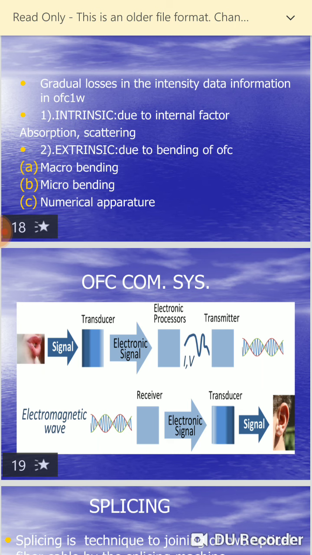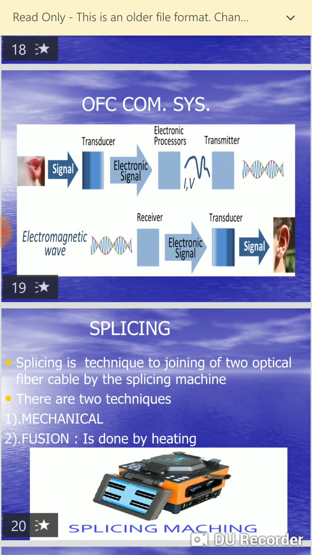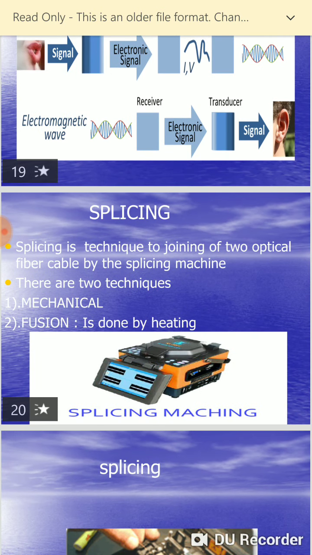The light is passed through fiber optic cable. Again at the receiver, the detector is used. Detector will first convert the light signal in the form of electrical signal. Then it is further processed and given to the receiver. That is the general diagram of optical communication system.